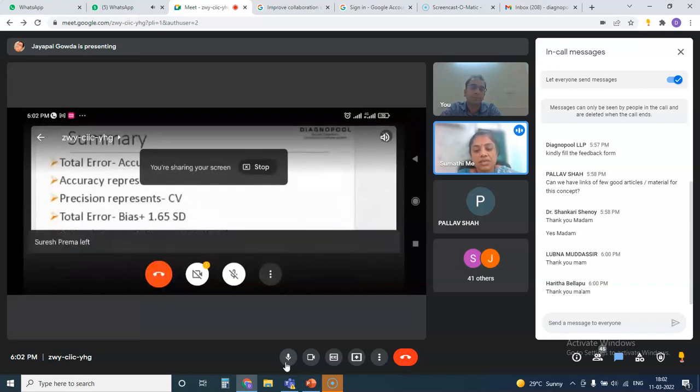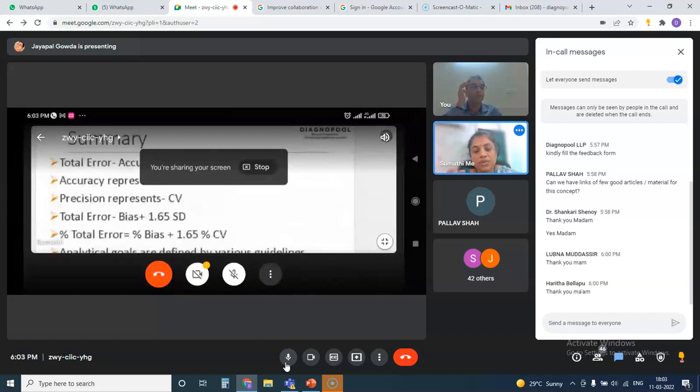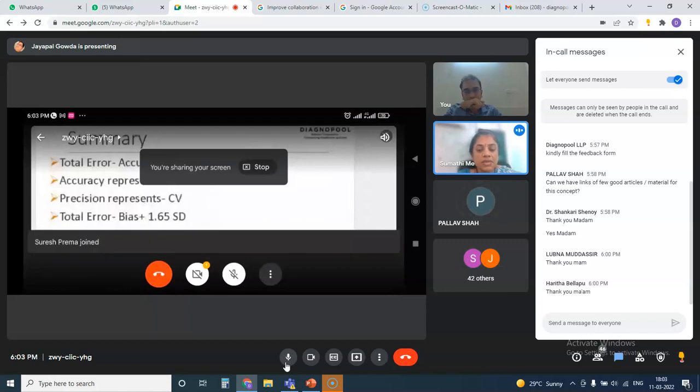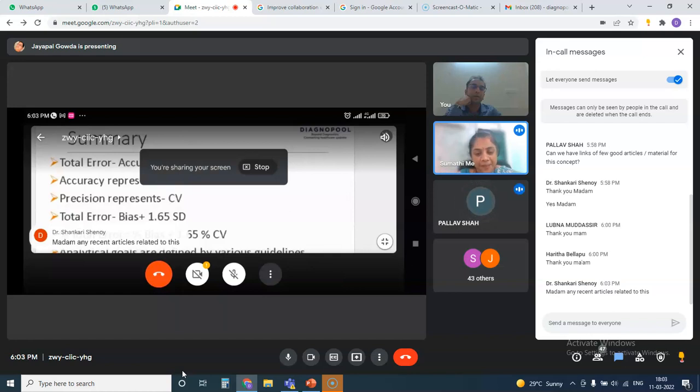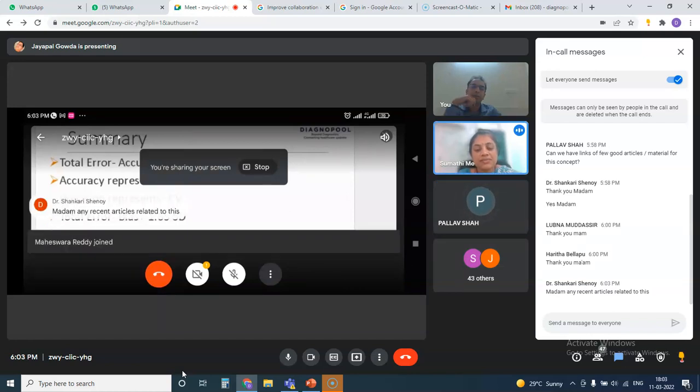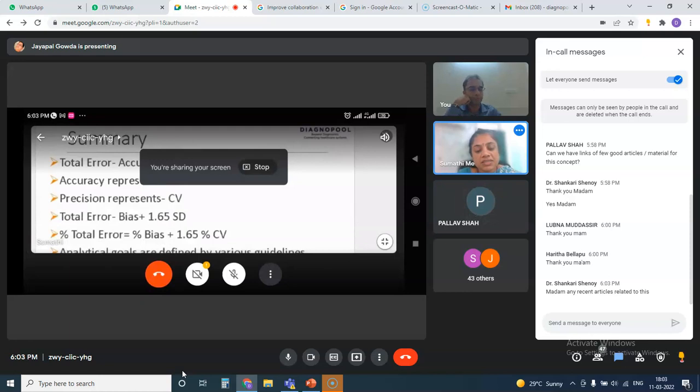Basically it is a statistical tool which will encompass the whole inaccuracy and the imprecision part. So this is what I believe. But please don't follow this in your laboratory. CV into 3, please don't follow. Always take from the BVD or standard guidelines. And if you don't have that parameter in the list, then you can go for your PT, go for your Tonks rule or other things. Okay. Thank you, ma'am.